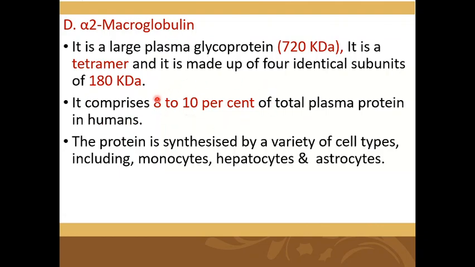So 8 to 10% जो plasma protein होते हैं वो क्या होते हैं? Alpha-2 macroglobulin. The protein is synthesized by a variety of cell types: monocyte, hepatocyte, astrocyte. Astrocytes क्या होते हैं? Brain के cells होते हैं. Hepatocytes क्या होते हैं? लिवर के सेल्स होते हैं. मोनोसाइट्स क्या होते हैं? प्लाज्मा होते हैं.